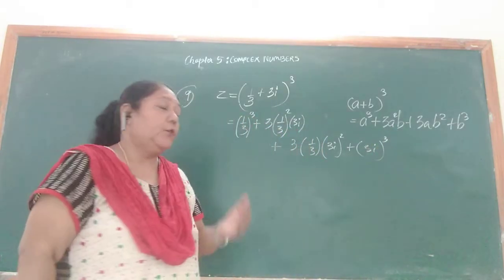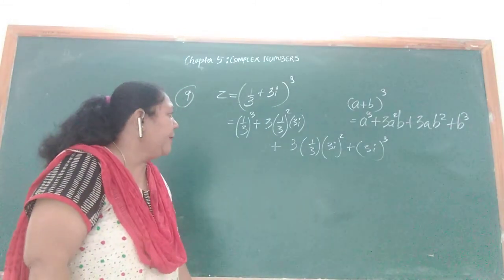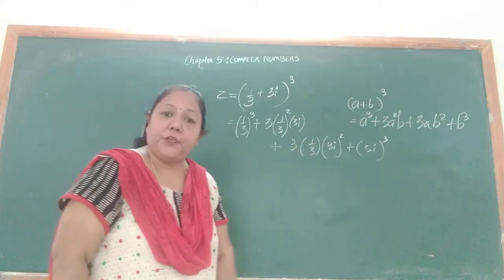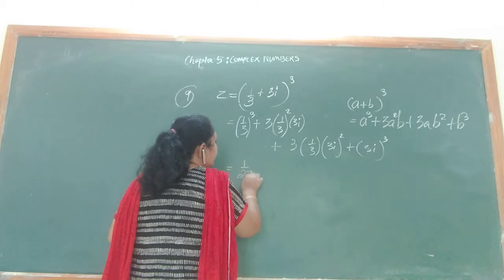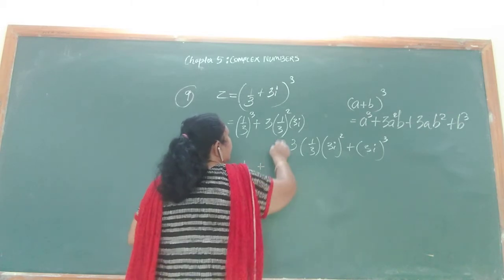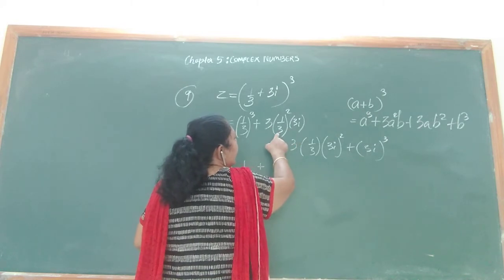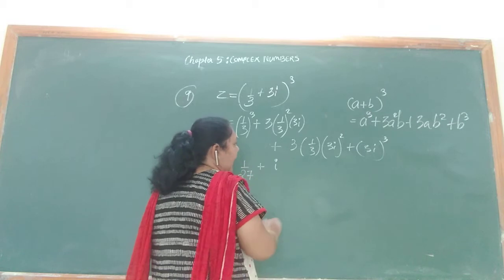So I opened it using the formula a cube plus 3a squared b plus 3ab squared plus b cube. So now I have 1 upon 27, plus I have here 3 into 3 which gets cancelled with this 3 square, and I have it as only i.